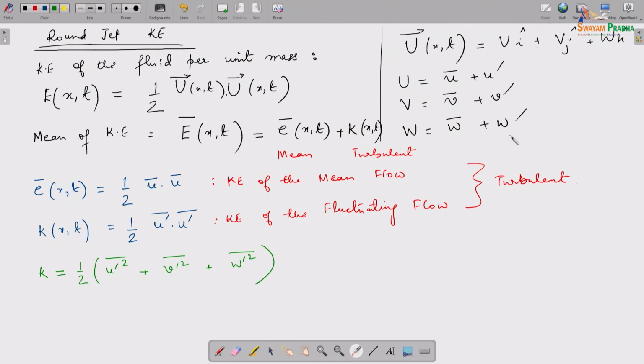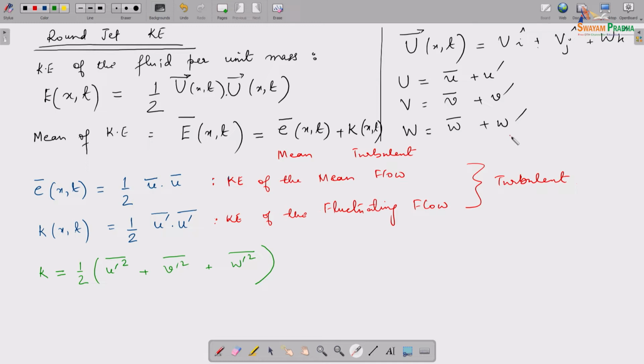But when I think of the pictures of the turbulent round jet that we've seen, how do I actually measure individually these components, the individual components of velocity?